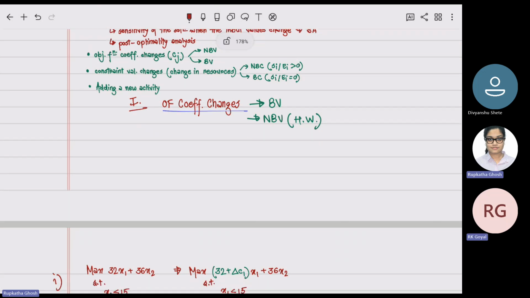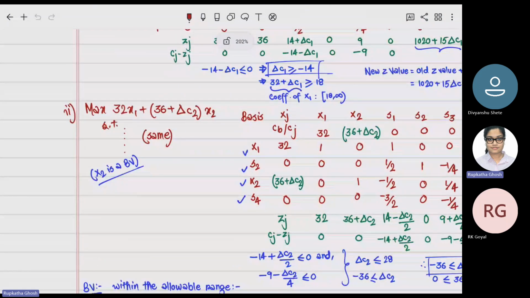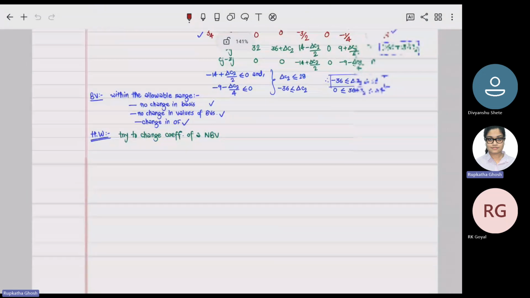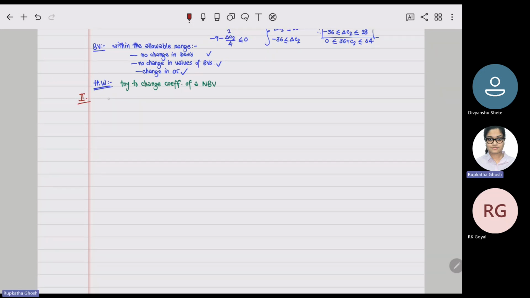Okay. So now what I want to do is conduct this sensitivity analysis when the right-hand side value of the constraint changes.